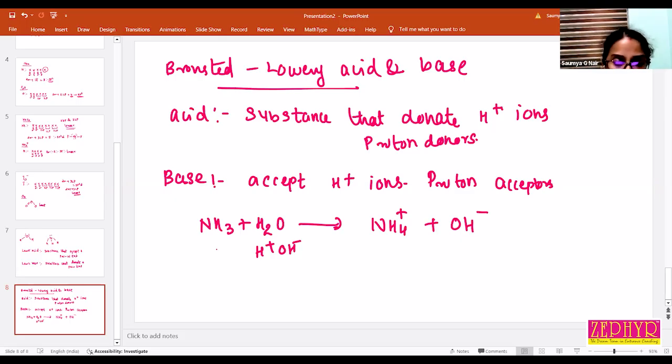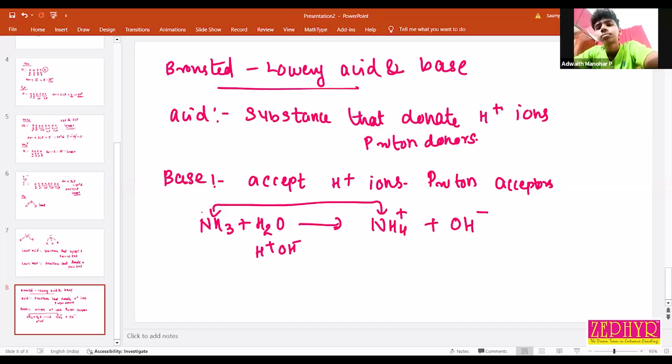See what happened to ammonia? It accepts H plus, right? Yes, ammonia accepts H plus. A substance that accepts H plus ions is called a base.